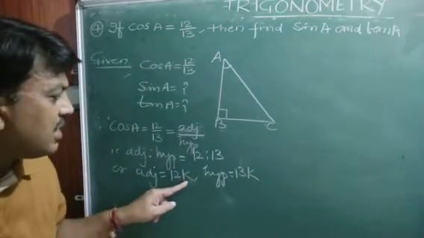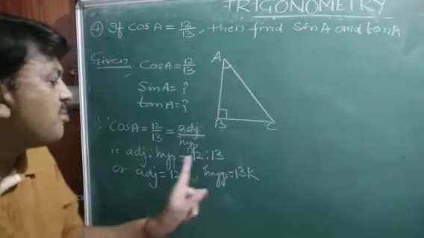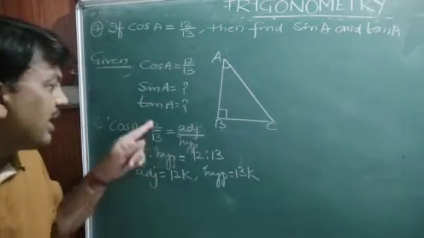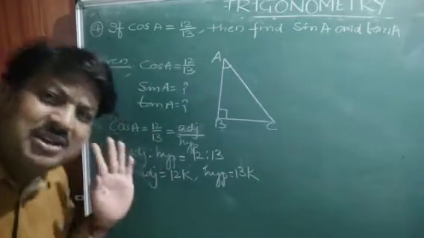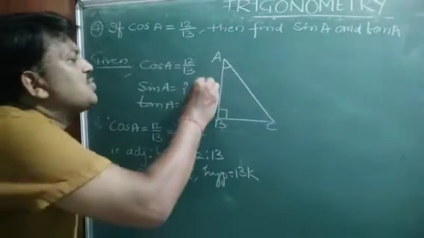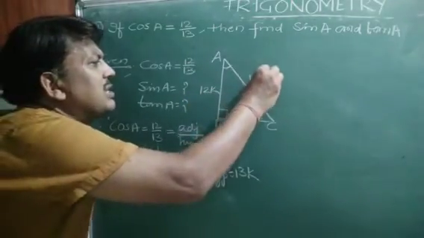That's why, to mention the ratio, I wrote K, a common multiple of 12 and 13. Whatever K value is there, the numerator is multiplied with 12 and the denominator with 13. I hope it is clear. So now adjacent is 12K, and hypotenuse is 13K.